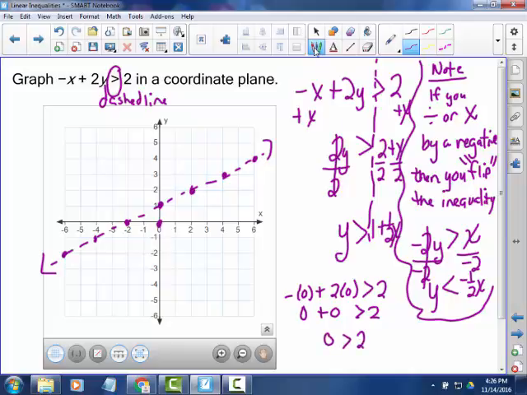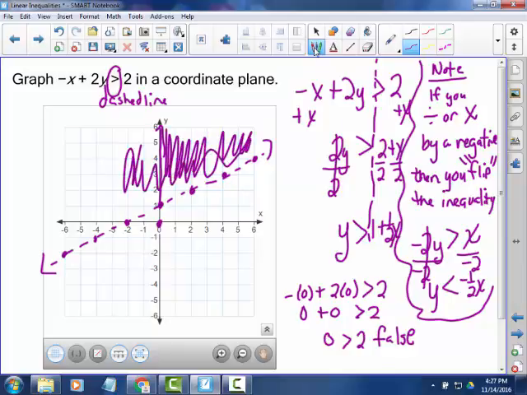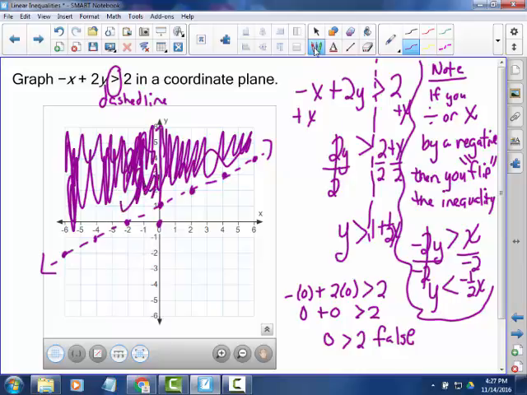Is that true? No, it is false. 0 is less than 2. That means we do not shade down here, we shade up here. Since it was false, we shade on the other side of the line.